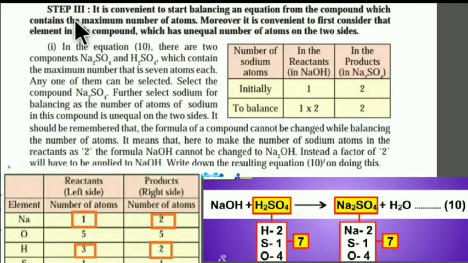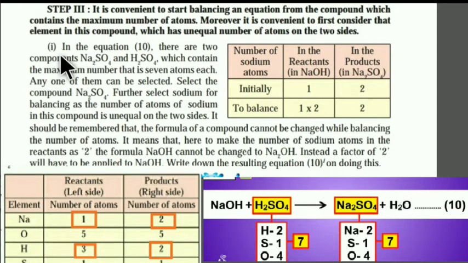In step 3, it is convenient to start balancing an equation from the compound which contains the maximum number of atoms in the reaction. Moreover, it is convenient to first consider the elements in this compound which have an unequal number of atoms on the two sides.